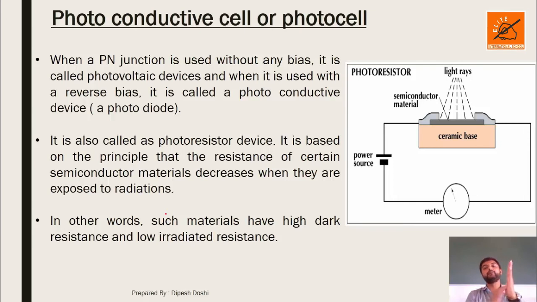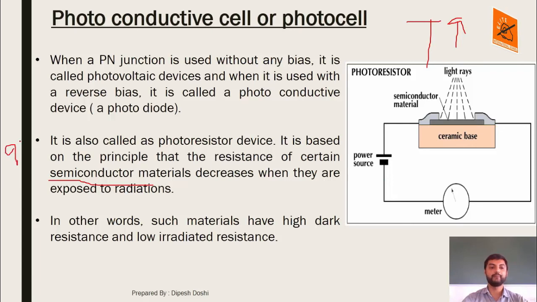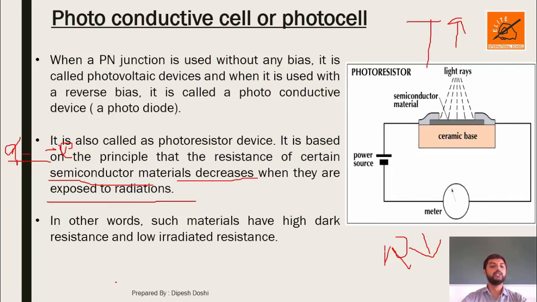This surface will start heating, and its temperature will increase. This semiconductor material always has a negative alpha, and because of that, whenever you increase the temperature, resistance decreases. So you can say that resistance decreases when the material is exposed to radiation.